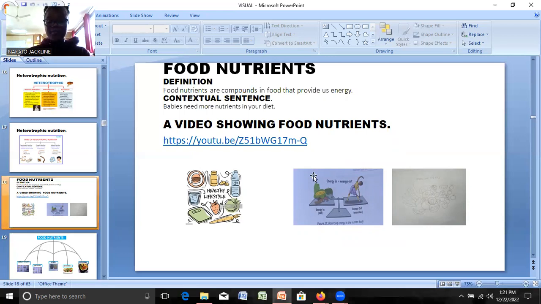In brief, if someone talks about nutrients, they are talking about those compounds in the food we eat that provide us with energy. And here is a picture that shows that the food we eat with more nutrients is similar to the energy we gain in our bodies.